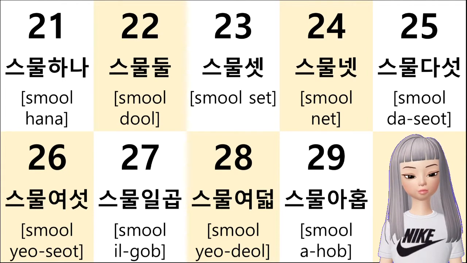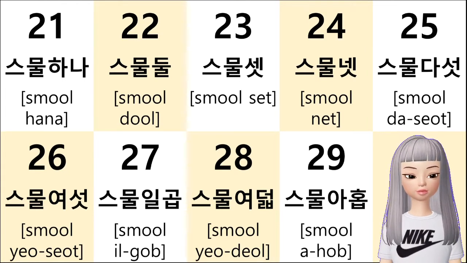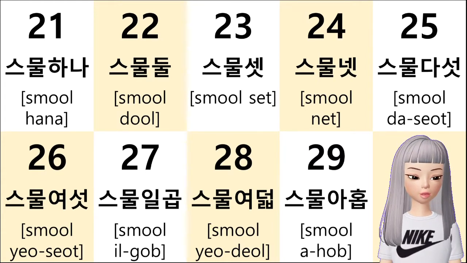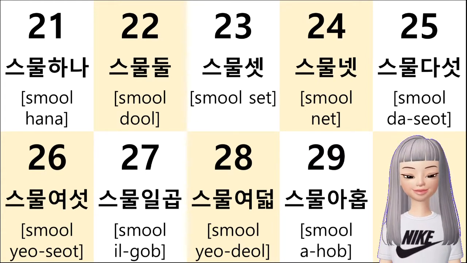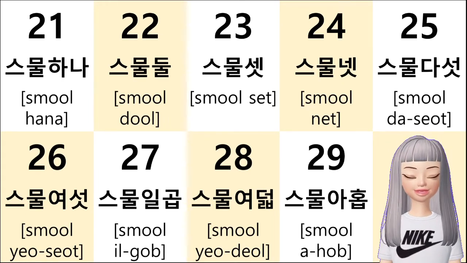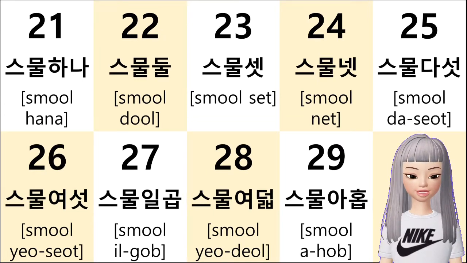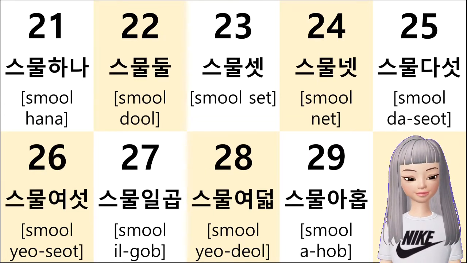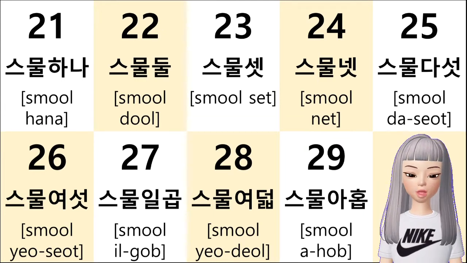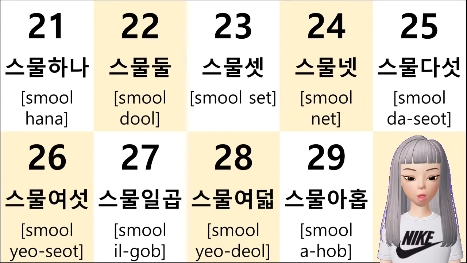The same pattern goes on for 22. 스물 둘. This time, 둘 for 2 is added to 20. For 23, it's 스물셋. And it goes on with the same pattern. But as this is a beginner's class, let's go through all the numbers one by one.